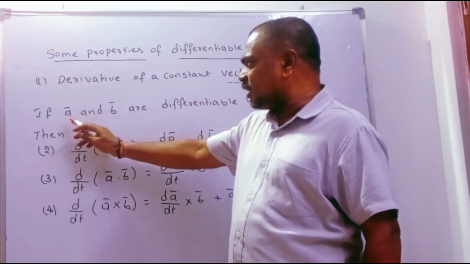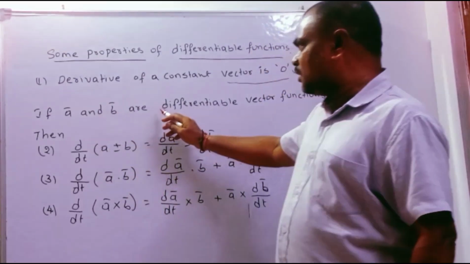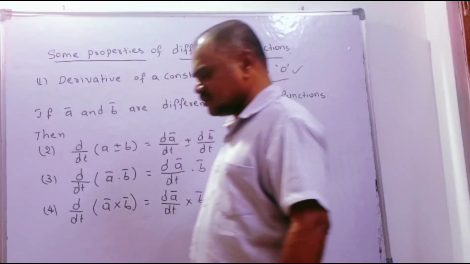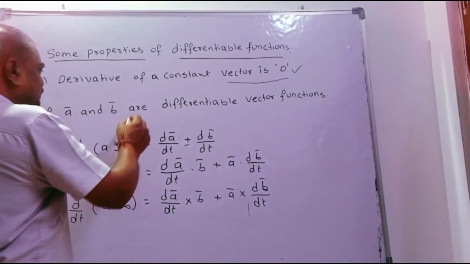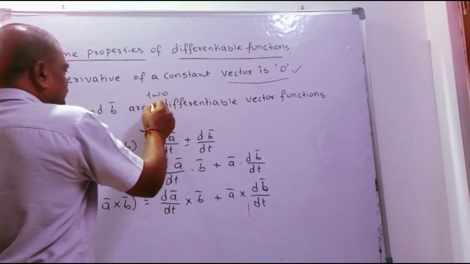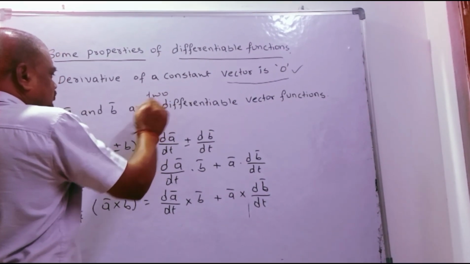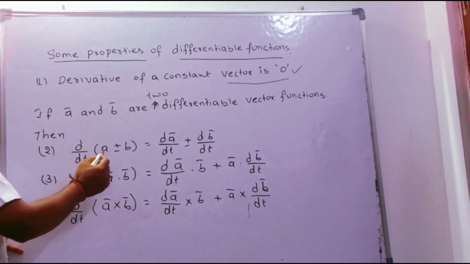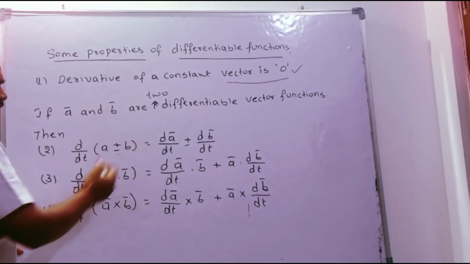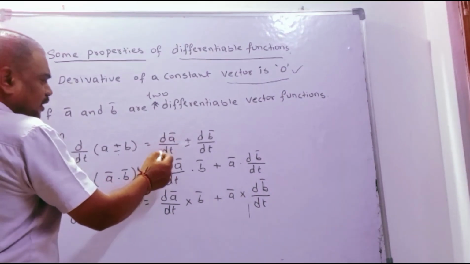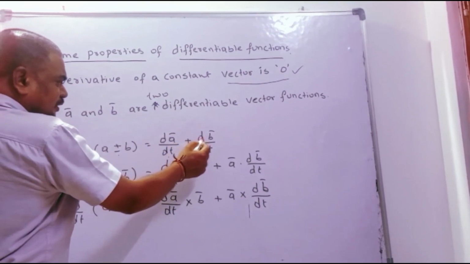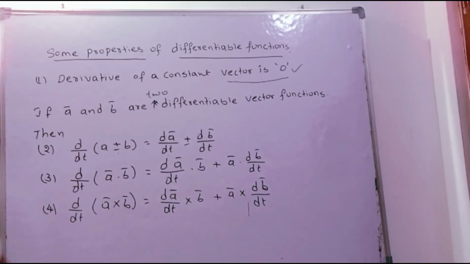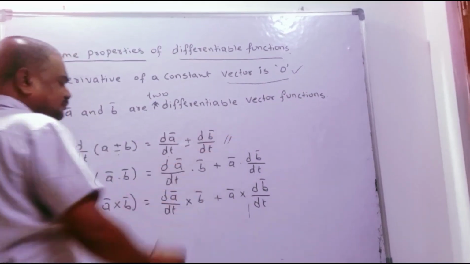Here, if A bar and B bar are two differentiable vector functions, then d by dt of A plus or minus B equal to dA bar by dt plus or minus dB bar by dt. This is the second result.